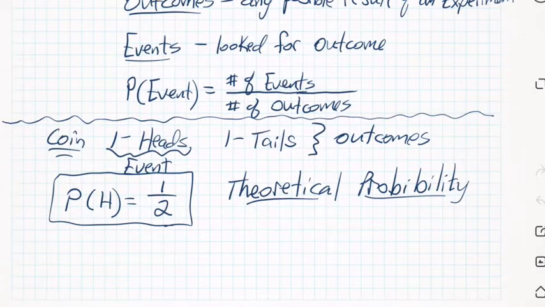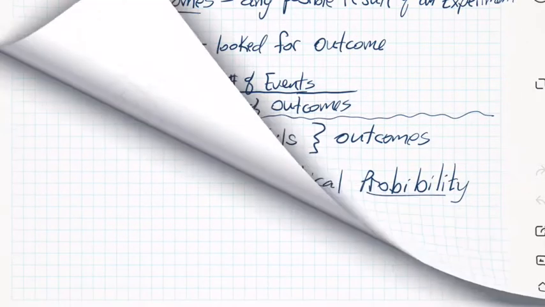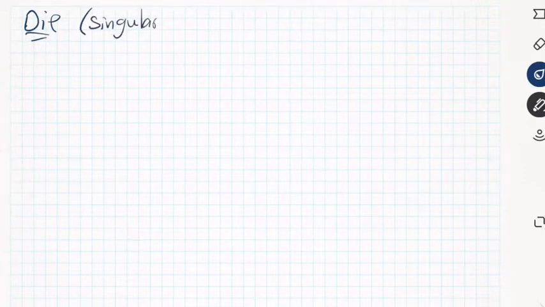Okay, so there are other classical experiments that we can look into. One of them is dealing with a die, and die is singular for dice. So when we talk about a die, we're talking about a single dice, which isn't really English correct, but oh well.